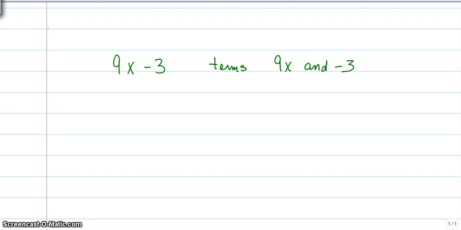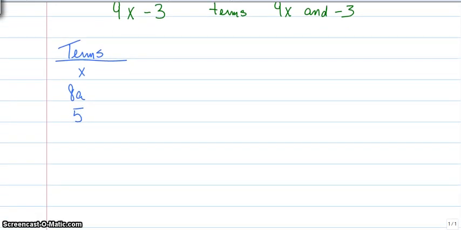Now let's look at a few examples of some terms. I could have x, 8a, just a plain old 5, 3xy, or even 5 times a divided by 3. Those are all examples of terms.